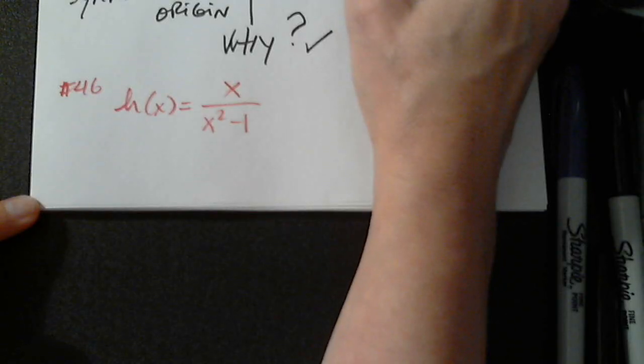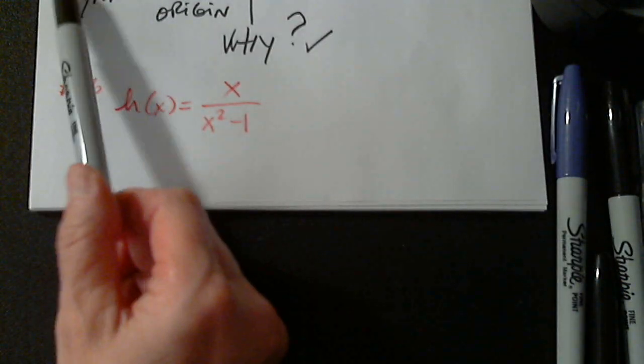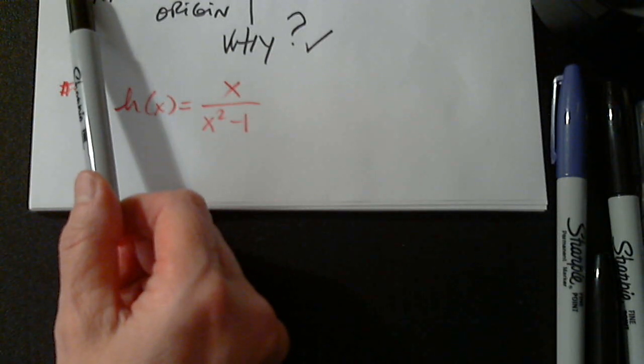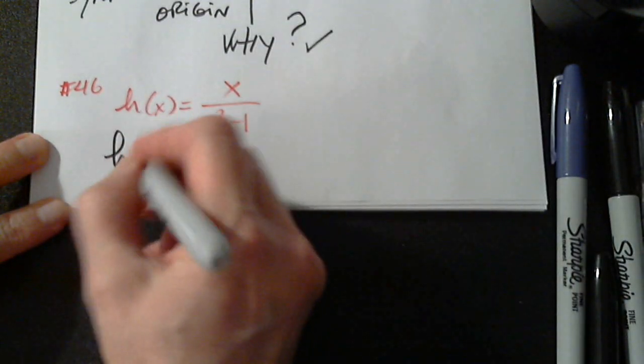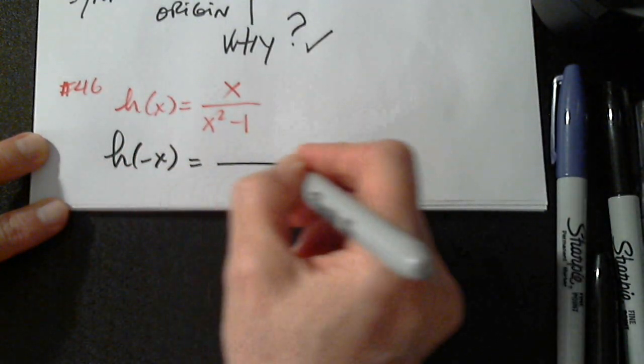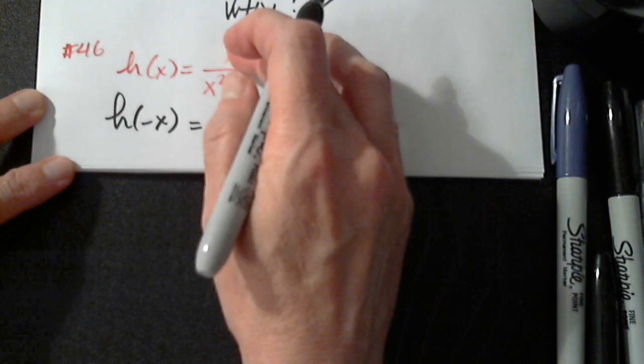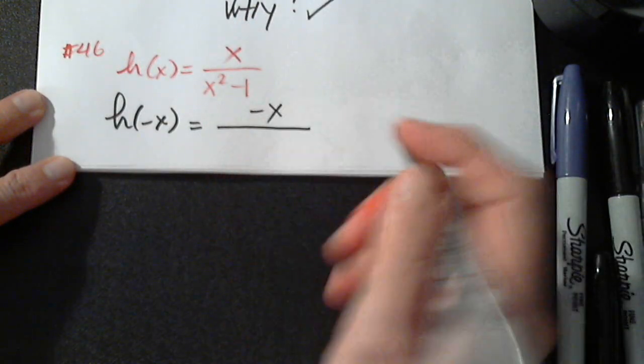So the question is asking us, is this function odd, even, or none of the above? No matter what I do, I will find f of negative x. That's my target. Because if the function is odd, I have to calculate f of negative x. If the function is even, I have to calculate f of negative x. So that's my starting point. So h of negative x. The top gets replaced by negative x.